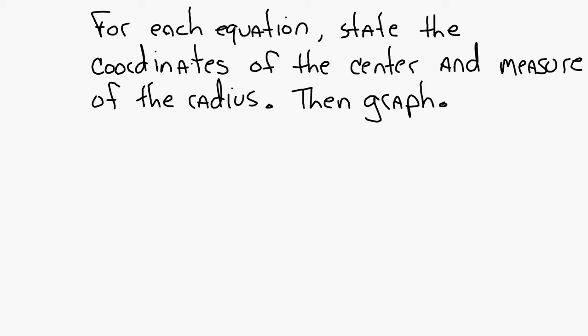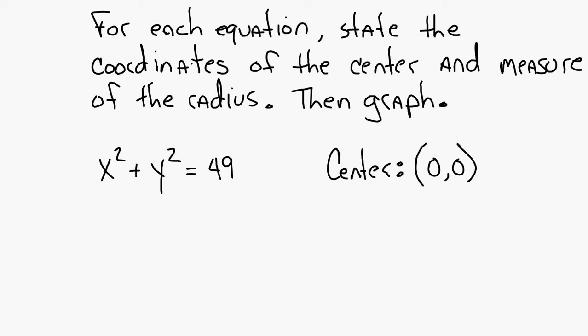Alright, so look, let's say you're given x squared plus y squared equals 49. Okay? X squared plus y squared equals 49. So the center of this circle, when they're not adding or subtracting anything to the x, and they're not adding or subtracting anything to the y, the center of the circle is at the origin, which is 0, 0.